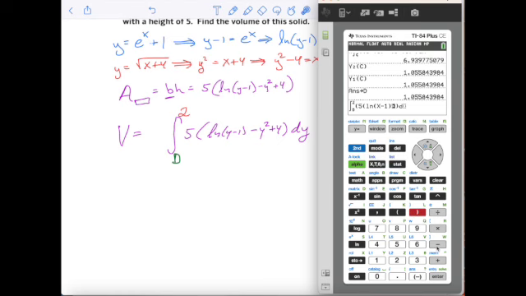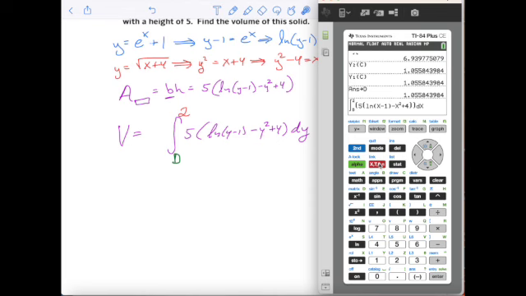Ln of x minus 1 minus x squared plus 4, and close that set because you're multiplying 5 by that, and then with respect to x.